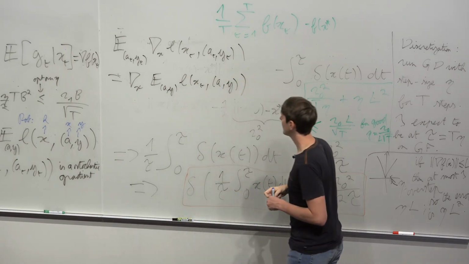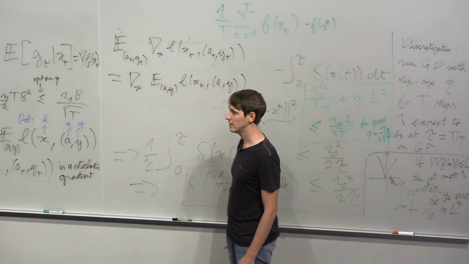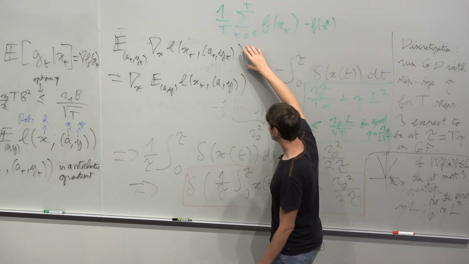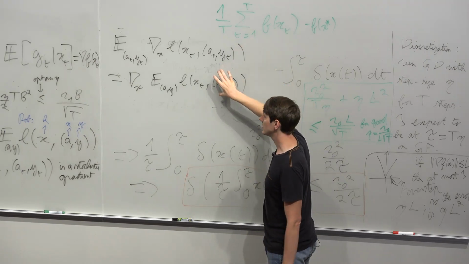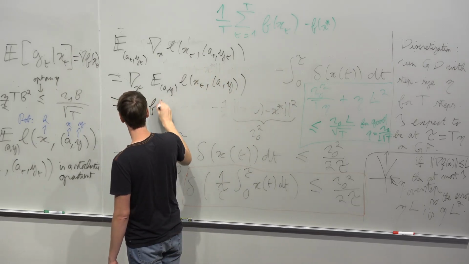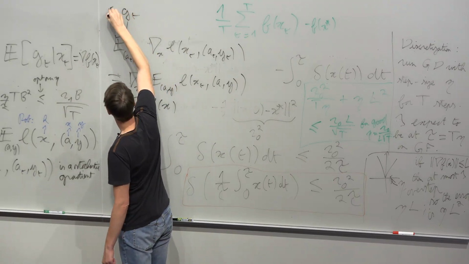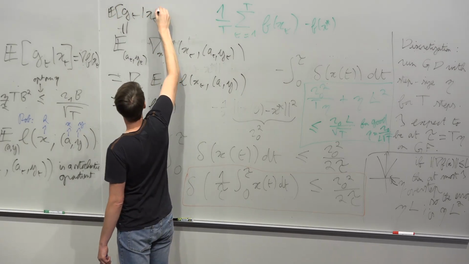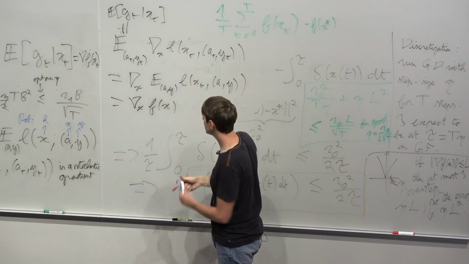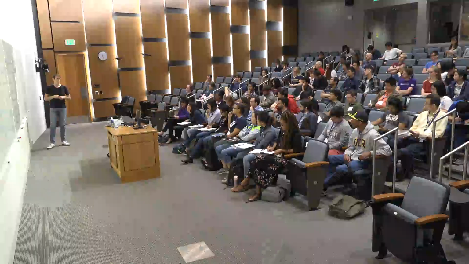I did nothing here. I'm just renaming AtYt into AY and interchanging the derivative and the expectation. So what this is saying is that this GT is correct in expectation. This is the gradient with respect to x of f of x. The expectation of GT, conditionally on xt, is indeed the gradient of f of x at xt.